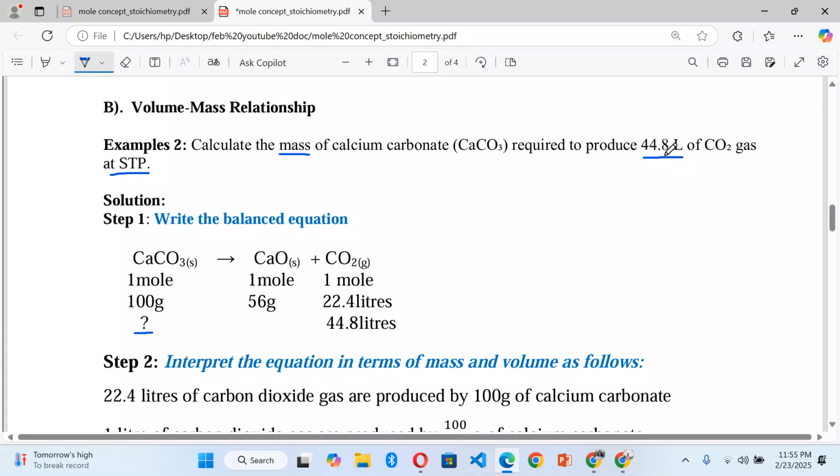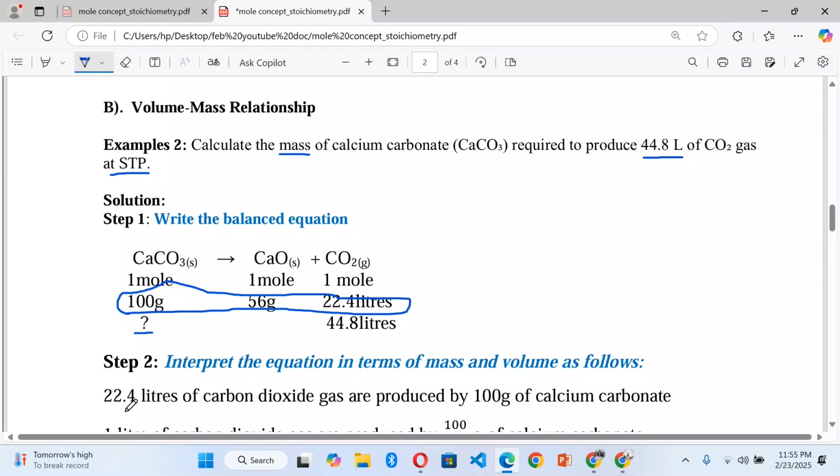So since we already have this produced, we can start with the one which we already have. So we can say 22.4. We start from here because this is the interpretation of this equation in terms of the liters and in relation with mass.